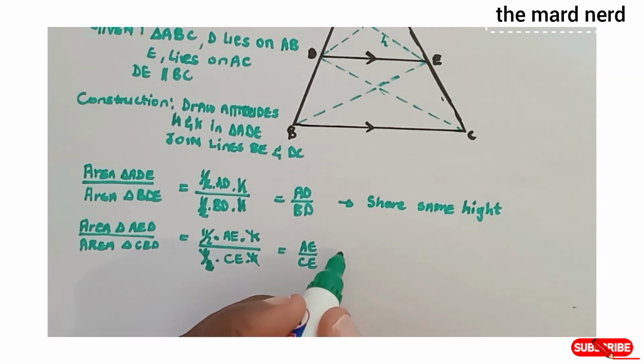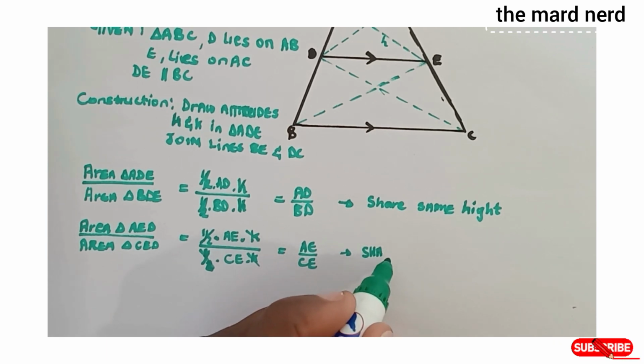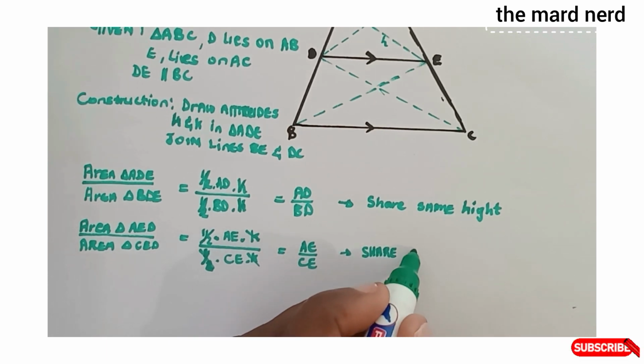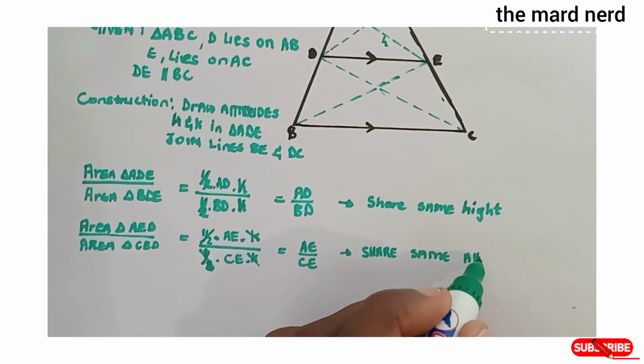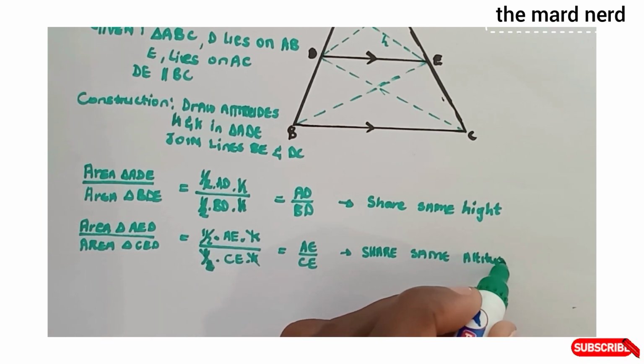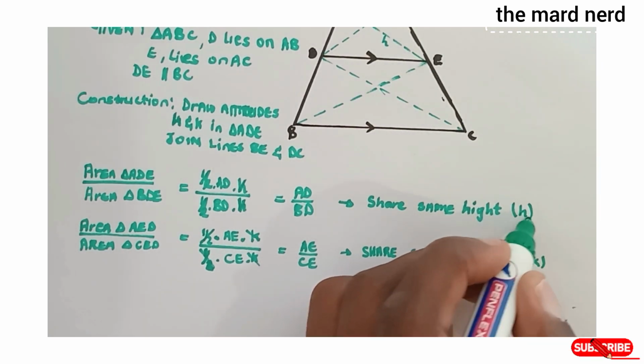So now we say the same thing as we said over there: they share the same height, same altitude, that is k, let's mention it as h.